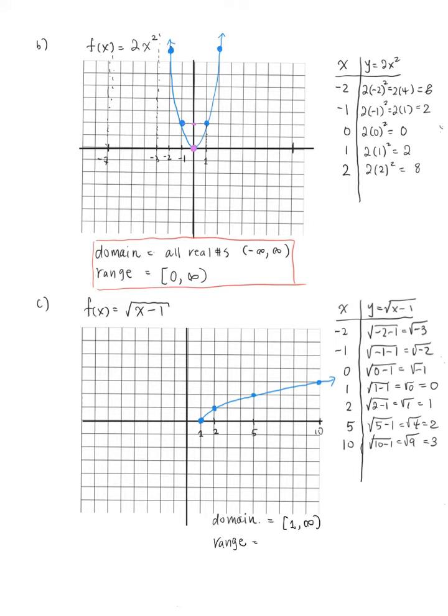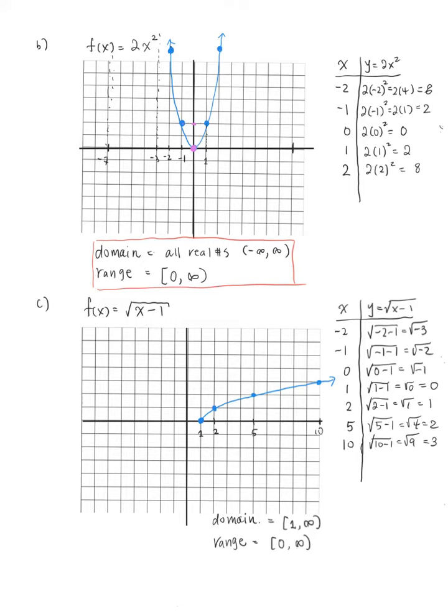And then notice that this tail end of the graph is going to keep going up and up and up and up very slowly, but it's going to shoot up to positive infinity eventually. I'm talking about the y values now. So our range is going to be 0 to positive infinity.